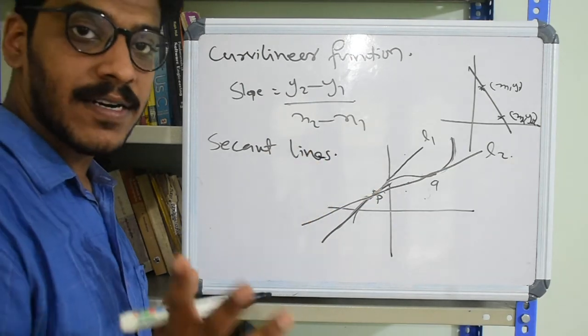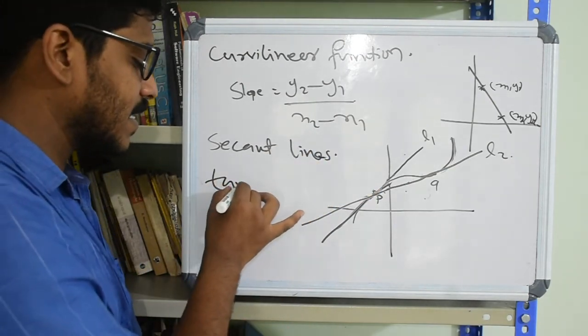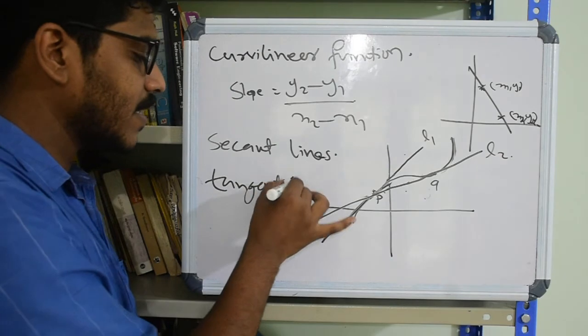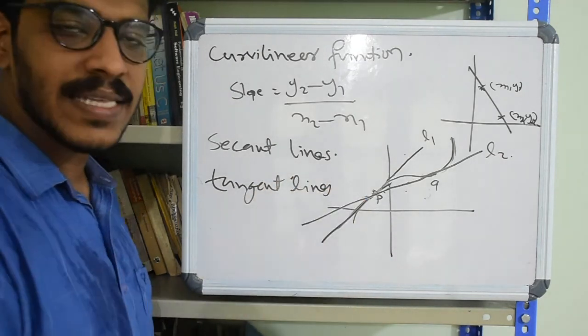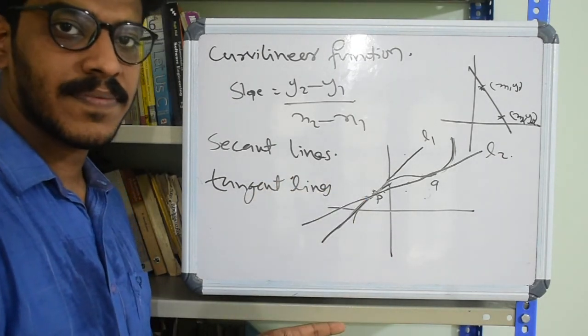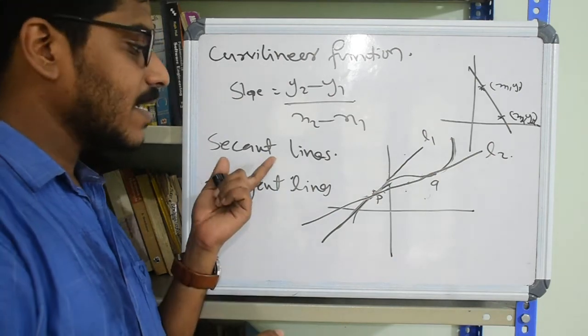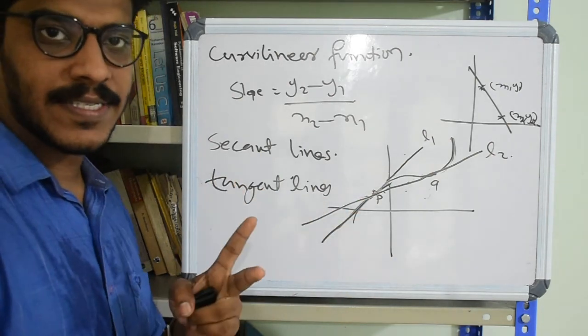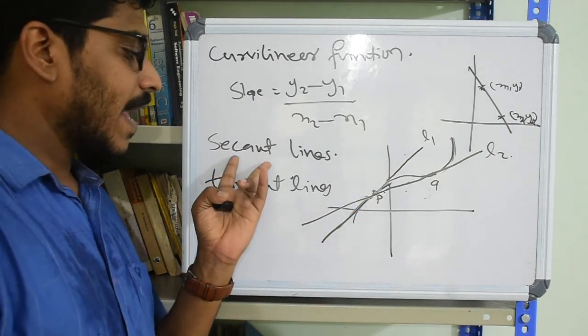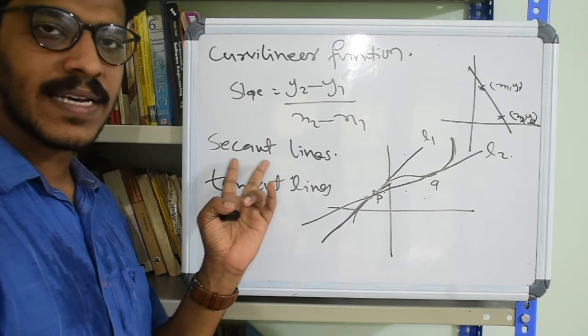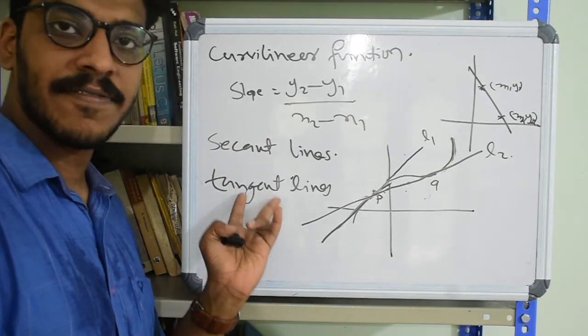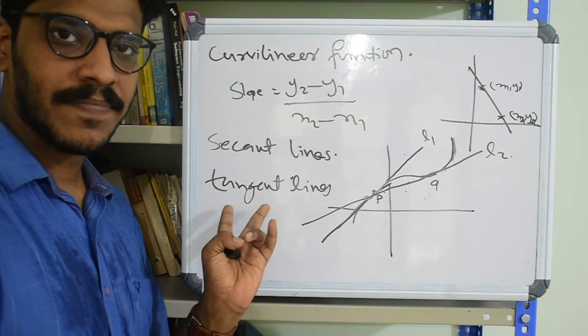So we have heard two terms here, tangent lines and secant lines. What are tangent lines? Tangent lines meet the graph only once. The secant lines will meet the graph twice. They will have intersections with the graph twice, and the tangent will have exactly one unique intersection with the graph.